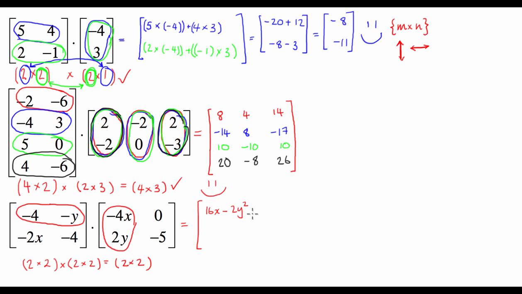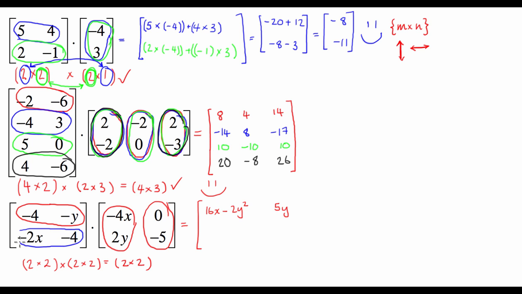Great. Now we're going to get the first row and times by the second column. So we're going to have negative 4 times 0 is just 0. And negative y times negative 5 is going to be positive 5y. Cool. Now we're going to have the second row.